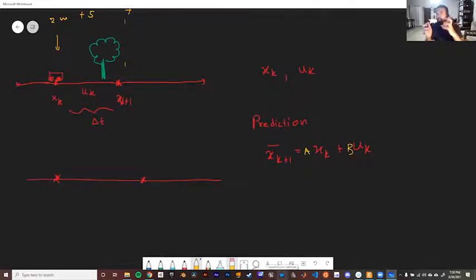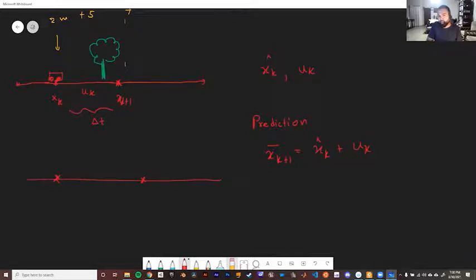All it does is it maps my previous location and my motion command to the current location. So I'm going to make it very simple and just say xk plus 1 is going to be equal to xk plus uk. And I'm just going to put a hat on top of this because it's going to be some sort of estimate. We don't know the truth of it exactly, right?